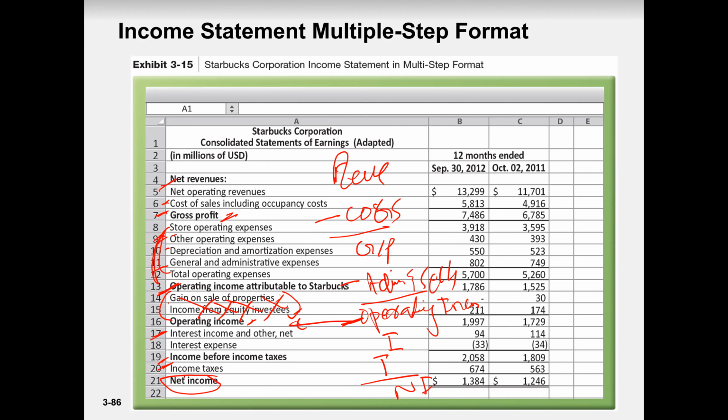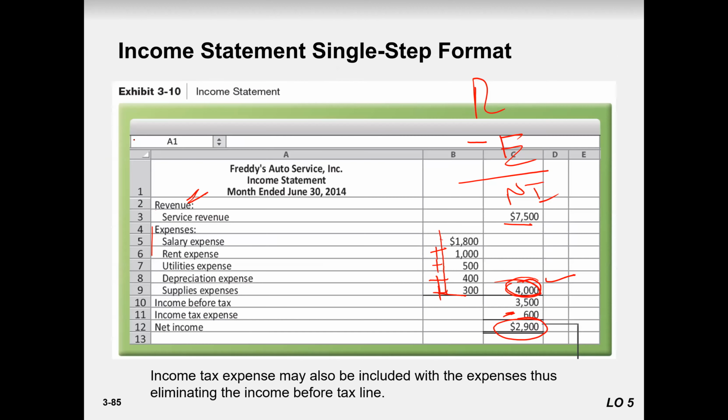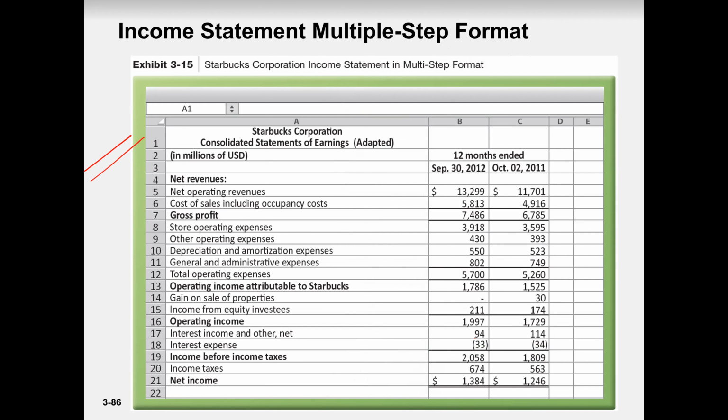So normally in corporations, multi-step format is going to be followed, and single step is not followed, because in single step we have only one profit measurement, that is net income. But here in multi-step you have three profit measurements or three margin measurements. One is gross profit, one is operating profit or operating income, and one is net income.